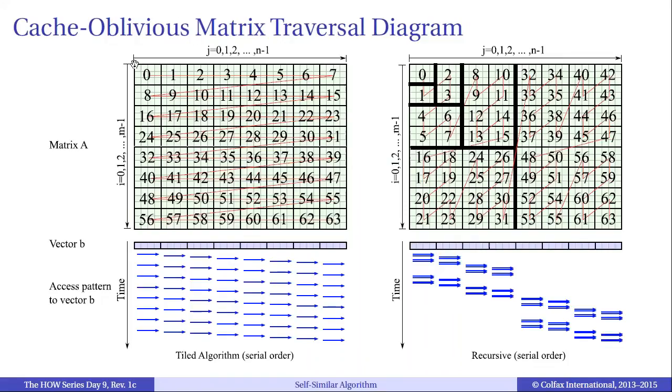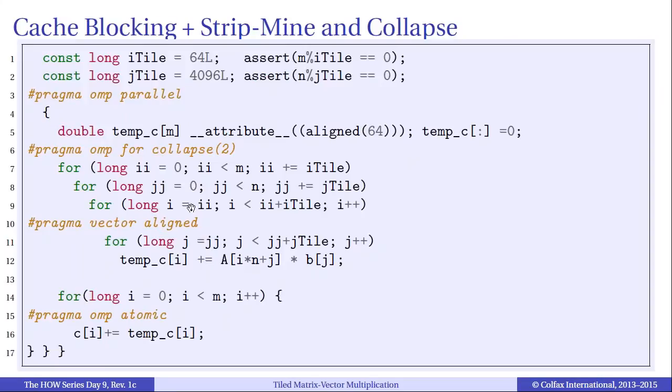So this is matrix A, and I have a diagram that illustrates how we are traversing matrix A. I have these big rectangles. These big rectangles illustrate the tiles in my loop. By the way, it's called tiling because, if you look at the innermost loops, this is a tile, 64 by 4000.